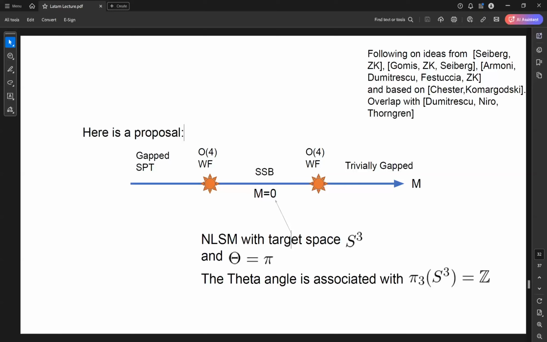There is a less technical derivation in the paper of Dumitrescu, Nero, and Torngren. They show that this theta term arises from the way the gauge field interacts with the anyons. So there is some geometric intuition for how to get this theta term. We derived it through the SPT phase.